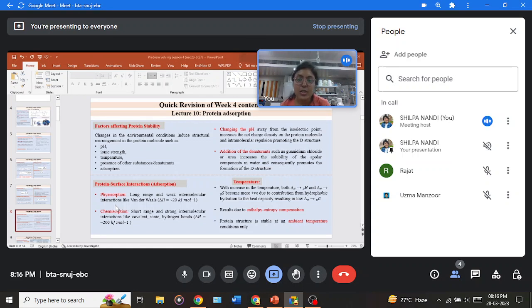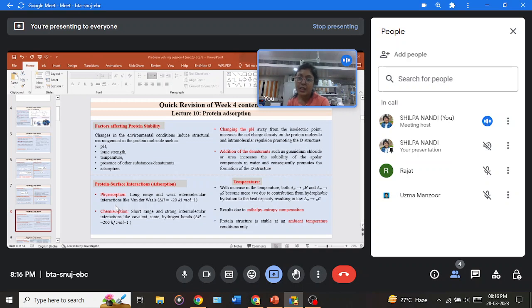Physisorption involves long range and weak intermolecular interactions like van der Waals interactions, and in case of chemisorption it is short range and strong intermolecular interaction. This involves covalent bondings or ionic bondings or even hydrogen bondings.